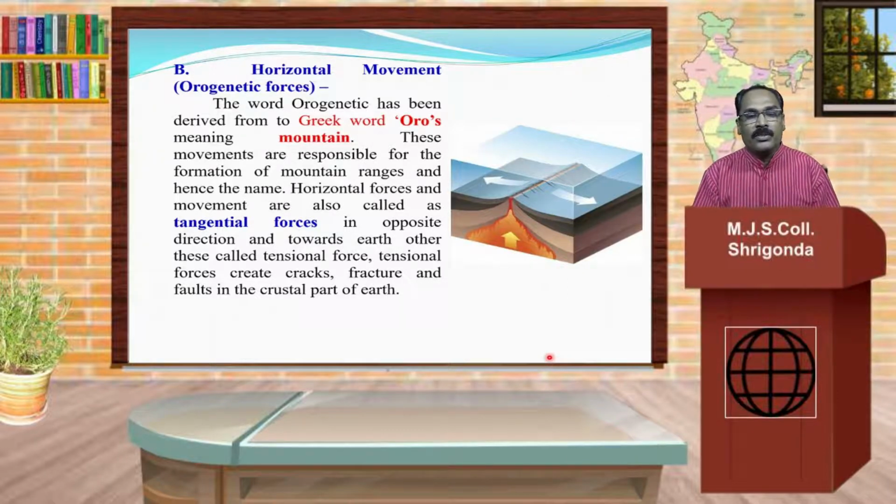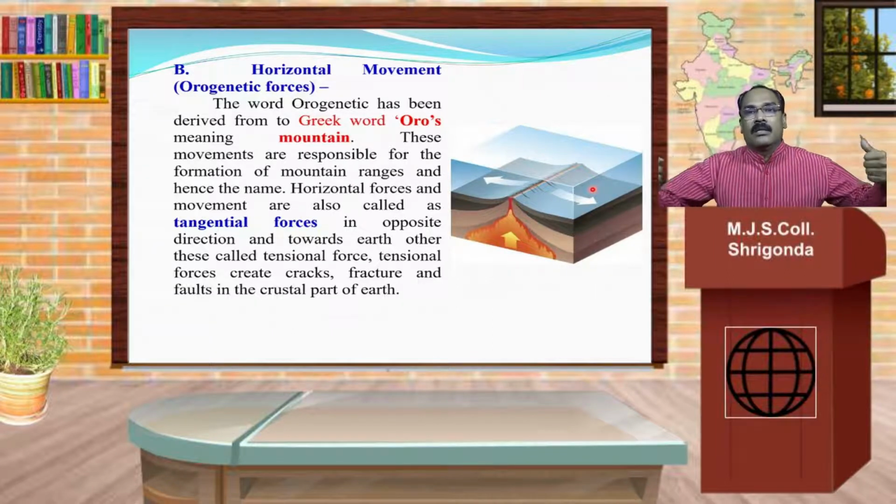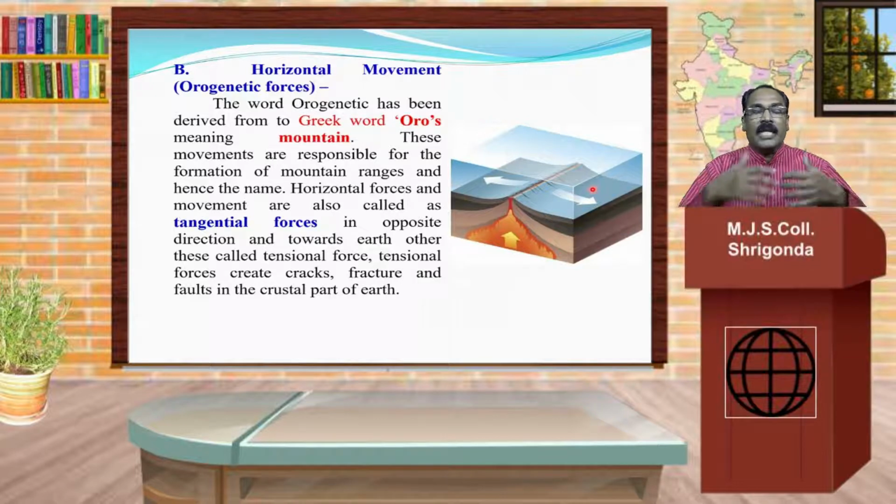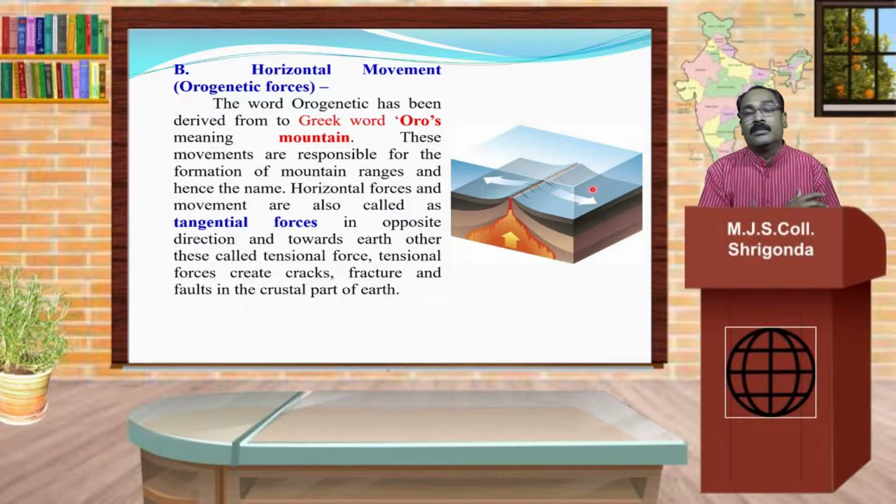Horizontal forces and movements are also called tangential forces, acting in opposite directions, away from each other. These are called tensional forces. Tensional forces create cracks, features and faults in the crustal part of the earth.